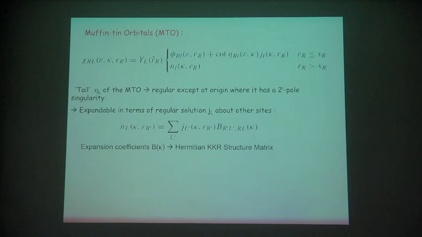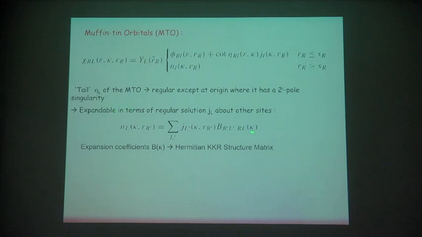And the KKR structure matrix is basically this B, R prime, L prime, R, L, where R and R prime are the two atomic sites, and L and L prime are Lm and L prime m prime, which are the quantum numbers. So this is what is known as the KKR structure matrix, which turns out to be Hermitian.